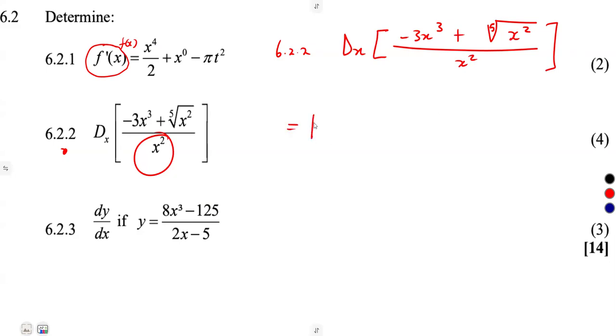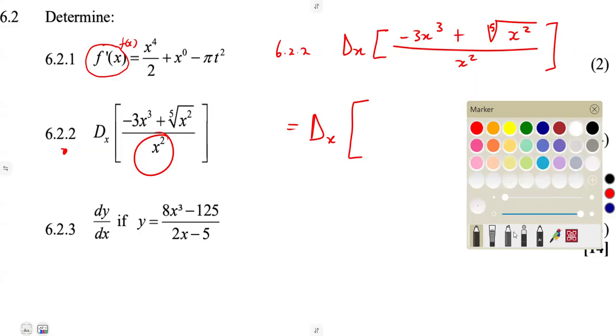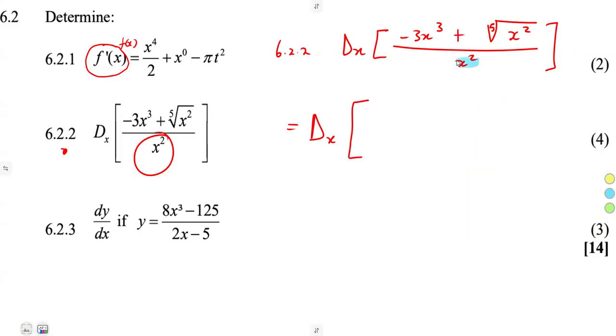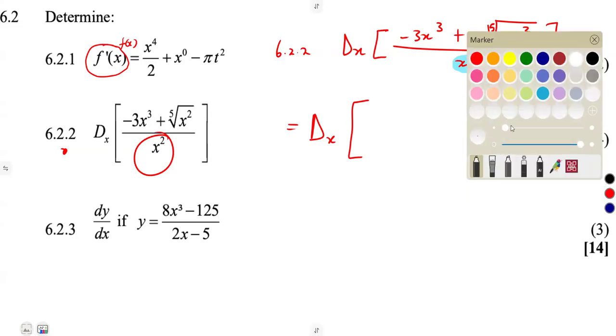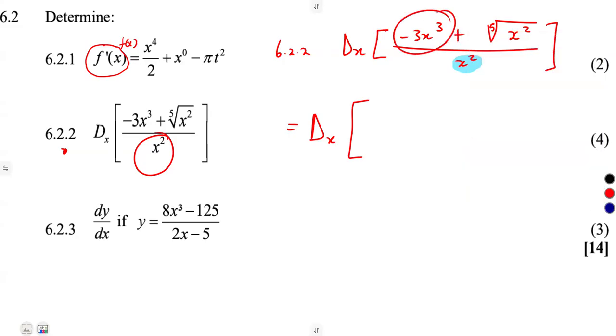If we separate the terms, it's going to be separated to x squared over x squared, each term over x squared. So that's the first term, minus 3x cubed over x squared, the second term over x squared, but take note, it's addition.